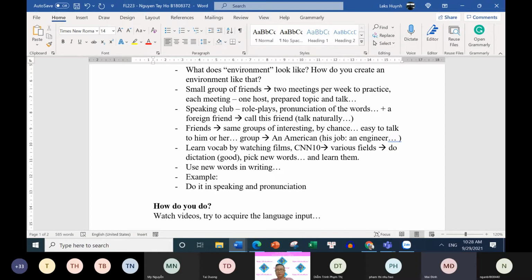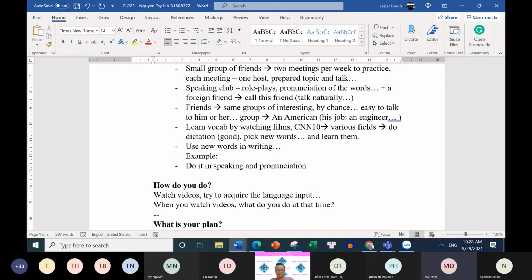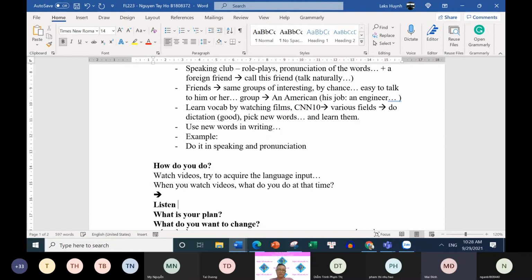With the shadowing technique, I also acquire the slang, natural speaking, and their intonation when they speak. And furthermore, I often listen to some music and try to learn their vocabulary in the script.